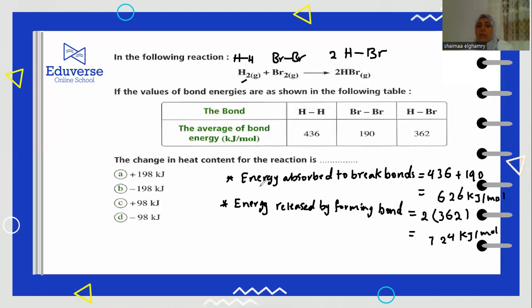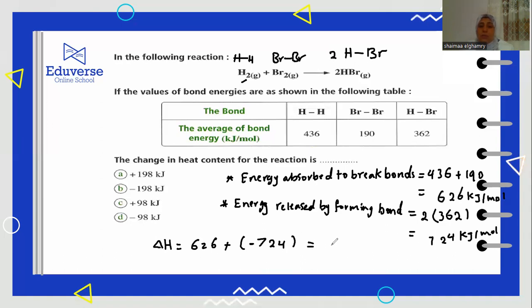Now we calculated the energy absorbed to break the bonds and the energy released from forming the bonds. Now we are going to calculate delta H, which equals the sum of energy absorbed to break the bonds, 626, plus negative the sum of energy released by forming bonds, which is 724.